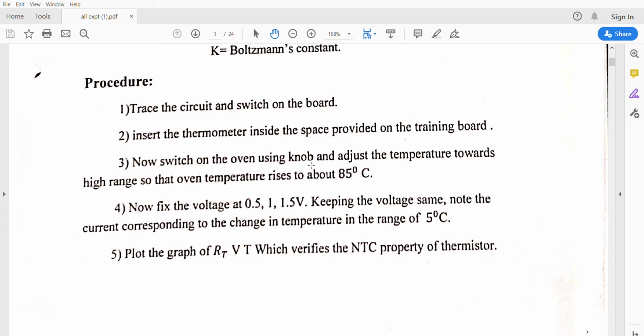So at 90 degrees centigrade we note down the current I, then at 85 degrees, then at 80, 75, 70, 65, 60, 55, 50, 45 and 40. Like that we note down the readings till 45 degrees centigrade to draw the graph, and we have to draw the graph by following the table.